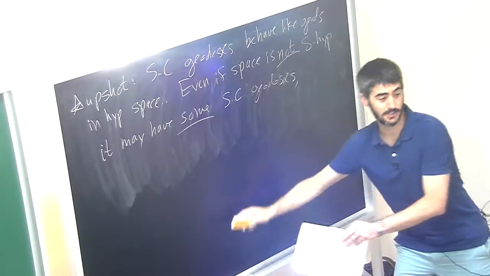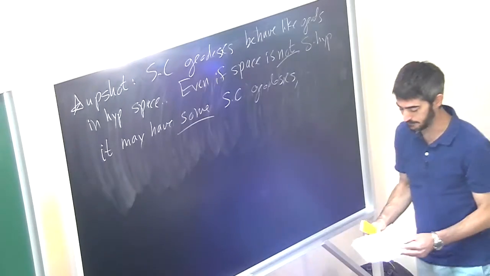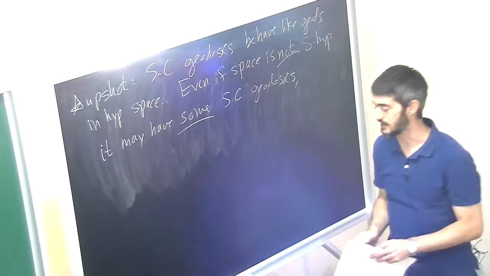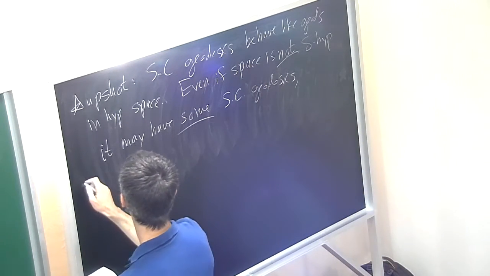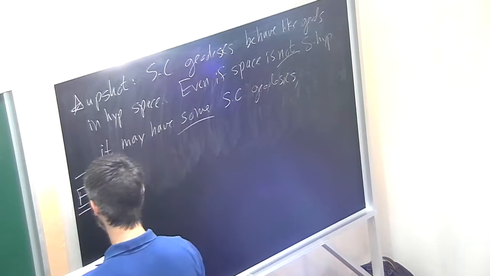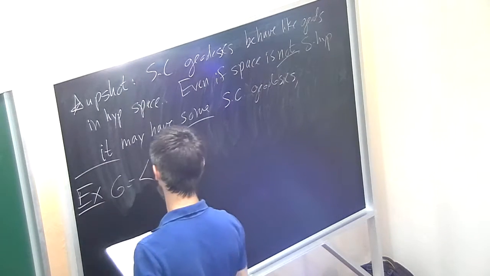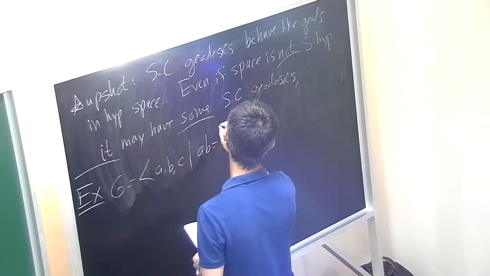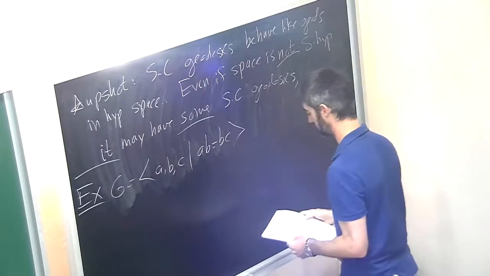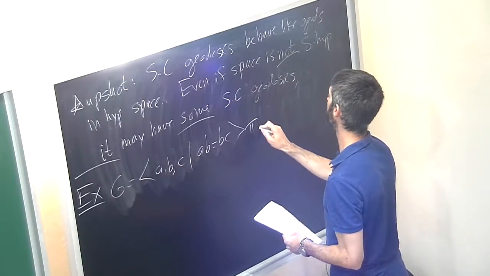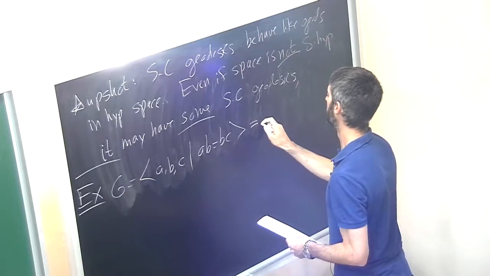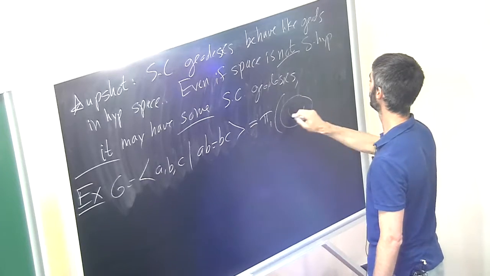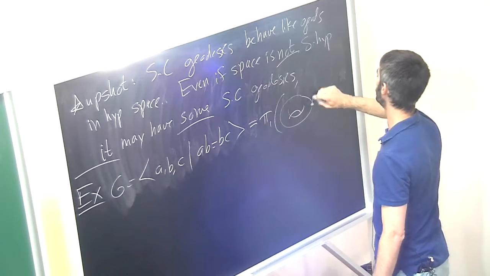Okay, any questions? So let me give an example of a space where this kind of phenomenon happens, where some things are strongly contracting, but not everything. Let's look at the group G with this presentation, A, B, C, where A and B commute, and they don't commute with C. So this is the fundamental group of a gadget like this, where I take a torus and then I wedge a circle.